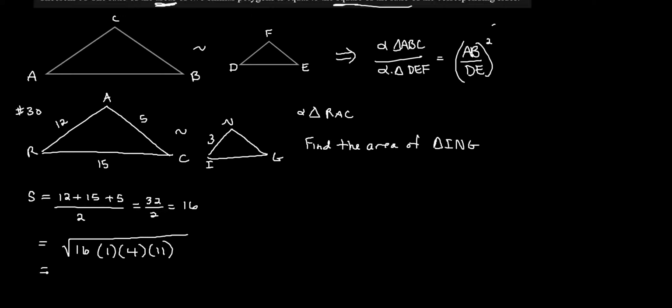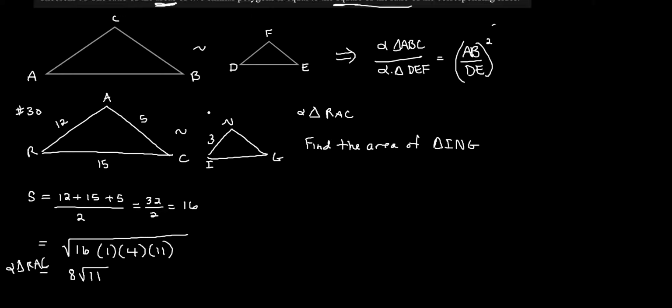And we put all that in there. This is a perfect square, so that would come out to be 4. This is a perfect square, it comes out to be 2, so it would be 8 square root of 11. So the area of triangle RAC is 8 square root of 11.